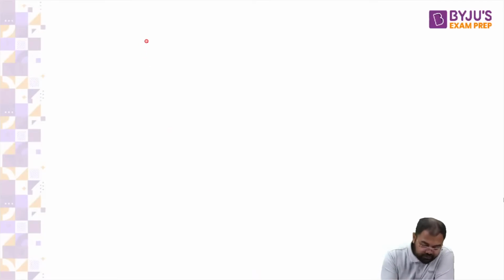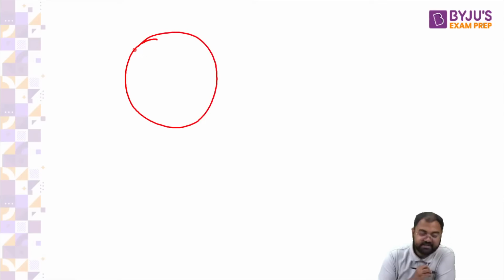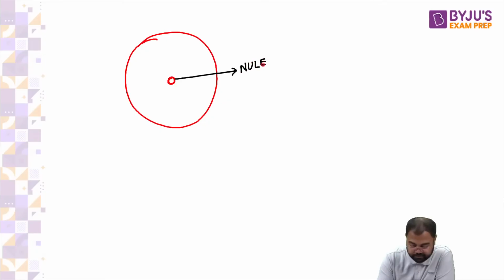If we assume this to be an atom, then inside the atom there is a very small space. This small space is called the nucleus of an atom.